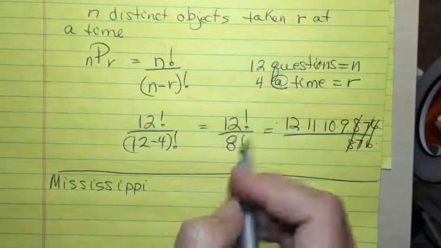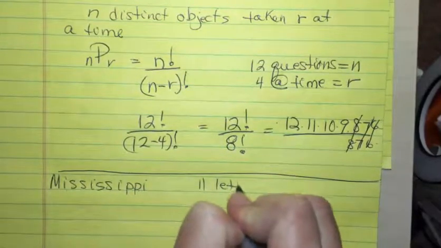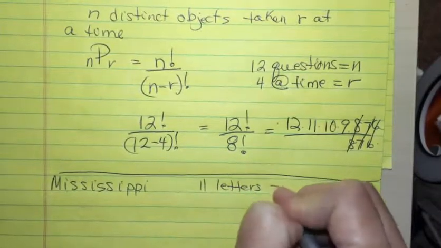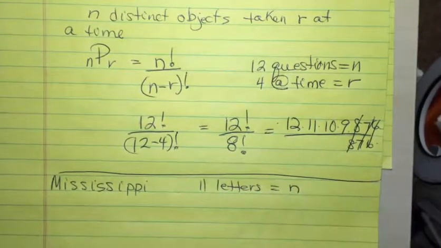We have 11 letters, so that is our n. So we need to divide that.